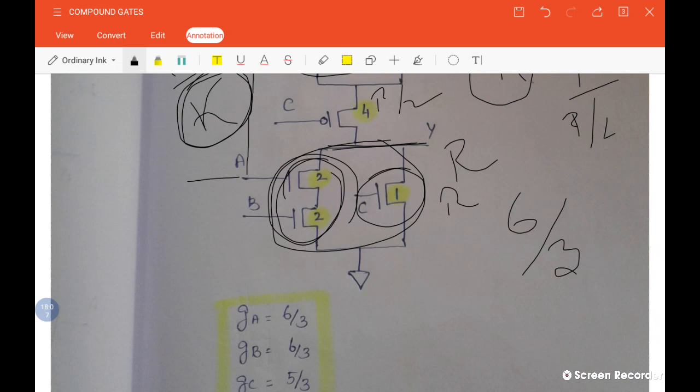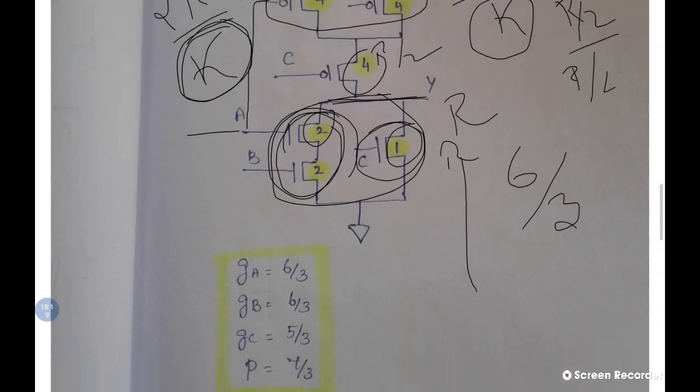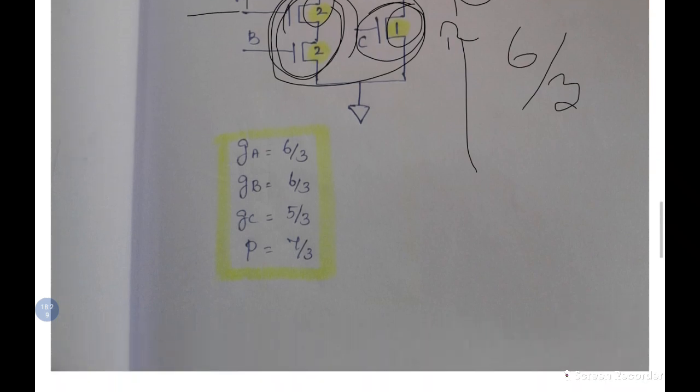So 4 plus 2 plus 1 gives us 7. So the parasitic delay is 7 divided by the inverter's capacitance 3, that is 7 by 3. Like this we can calculate the logical efforts at each and every input.